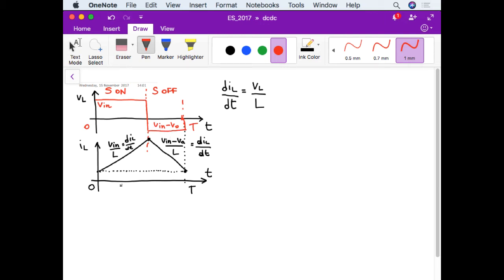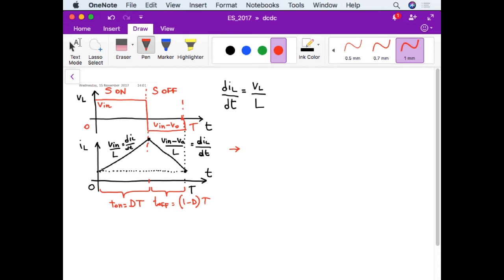Okay, now, so let's call this period T on, as we have done already for the buck case, which is equal to the duty cycle times T, and this period we can call T off, which is of course the complementary duty cycle times T. Okay, and of course now we can write an equation which is pretty simple.